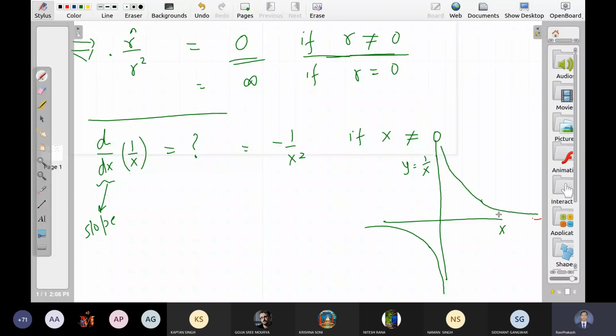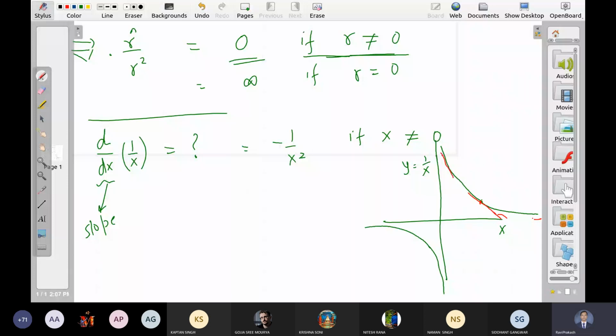But as you decrease x, let us say we are at this point, this is a slope, and if you check the angle from the x-axis, it is more than 90. So tan theta is negative here. From this equation also, the slope is negative. As you keep going towards x is equal to 0, slope is increasing in the negative direction.